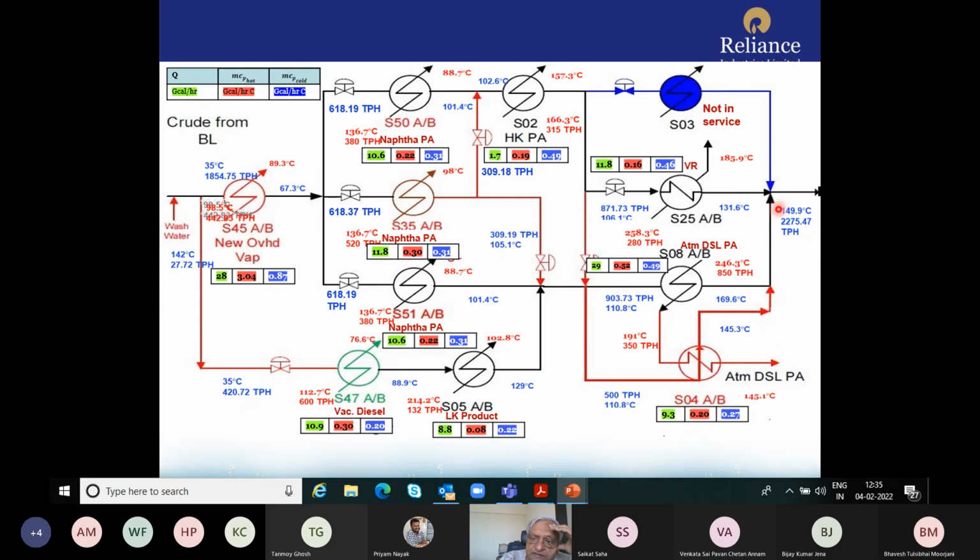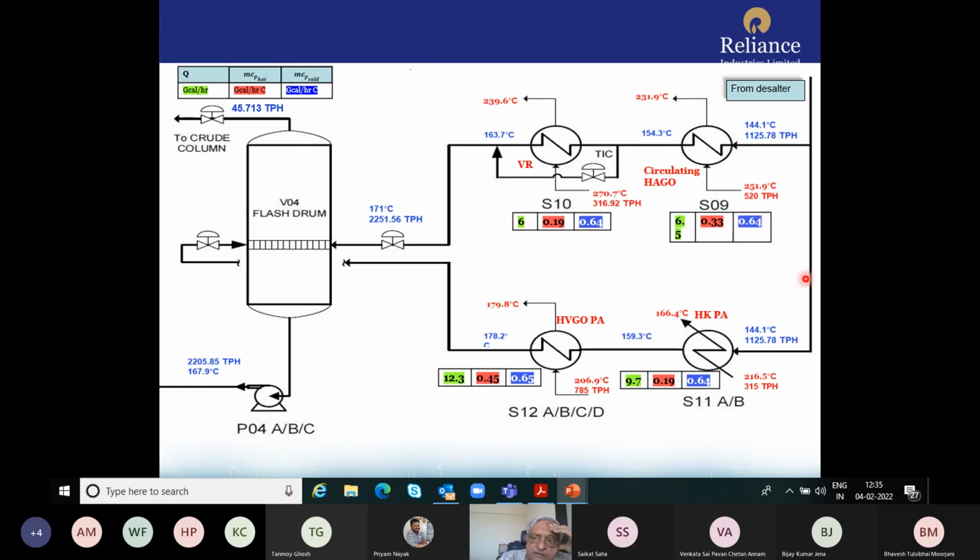Ultimately it goes into the desalter at about 150 degrees Celsius. From the desalter it comes, and the warm preheat train is pretty simple, and it goes at about 170 into the flash drum, where we take out a pretty significant quantity, about 45 tons per hour.